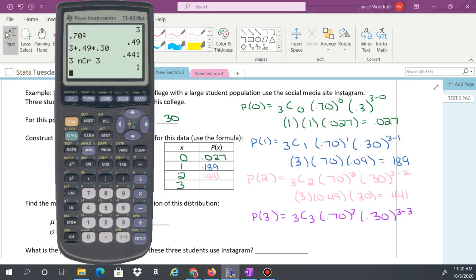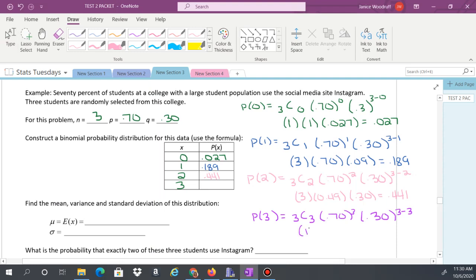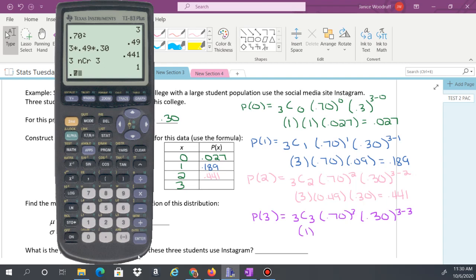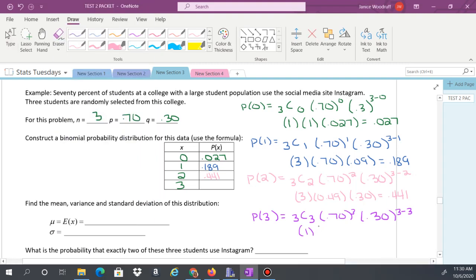Yeah, 1. Then 0.70 to the third is going to be 0.343. And 0.30 to the 0, that's just 1. So this is 0.343. So then the probability that all 3 students have Instagram is 0.343.